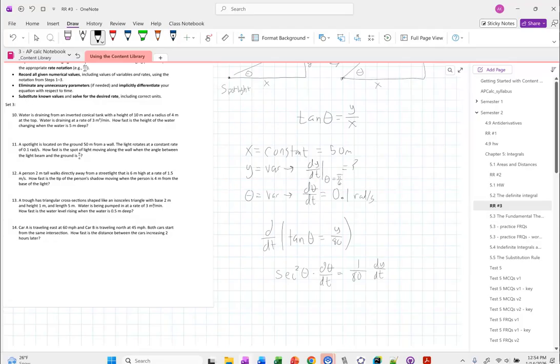So far, so good. Okay. I'm looking to solve for dy dt, so let's start plugging in things we got. So we're told theta is pi over 6.